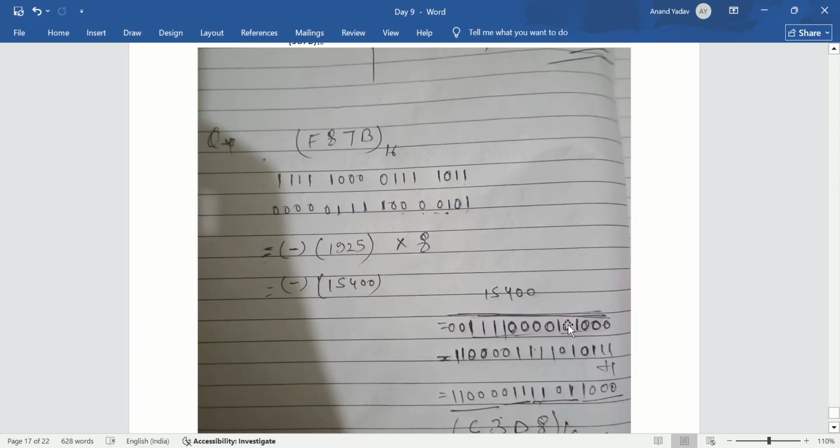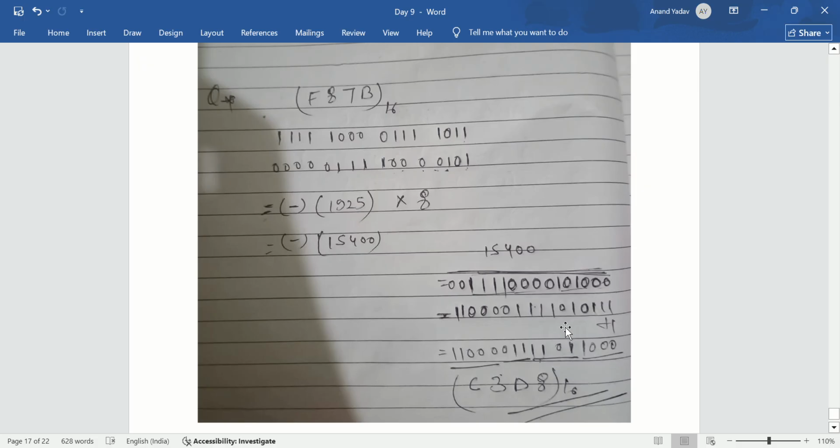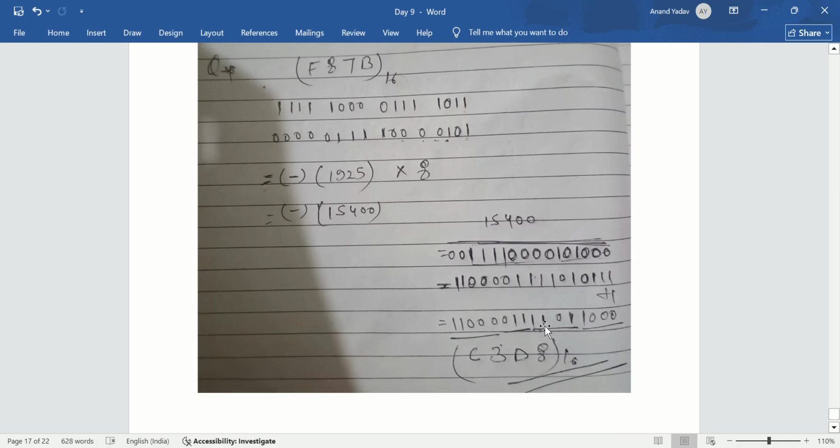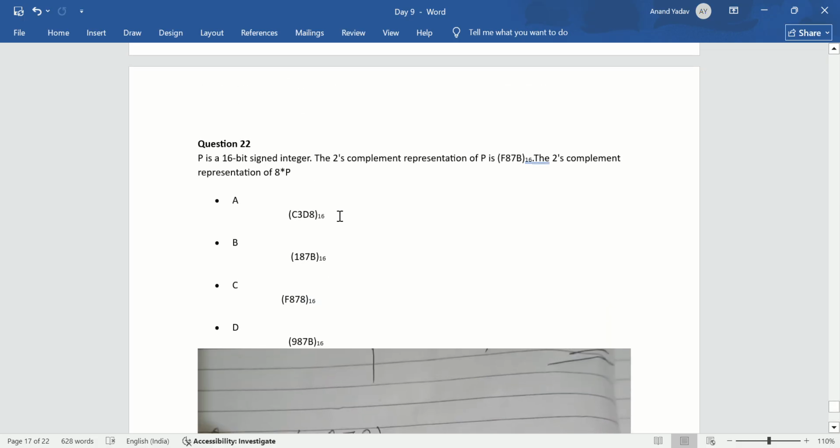Then I will write 1540 in binary, and then complement it in 16 bits, and then plus 1. I will get minus 1540 in 2's complement, and then convert to hexadecimal. So I will get C3D8. C3D8. So for question 22, option A is correct.